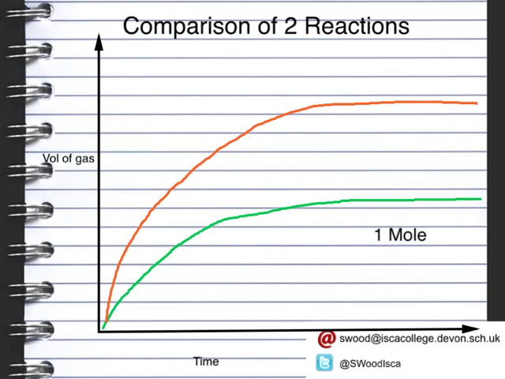Now if we look at the second reaction in the orange, this has 2 moles, and it should be double the amount of gas. So you can see here that if you double the reactants, you double the amount of products that are produced. Now you can see where you've got the fastest parts, where you've got the slowing down, and then where you've got the reaction coming to an end.